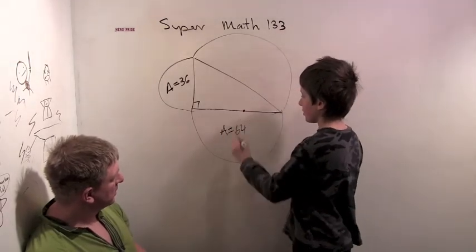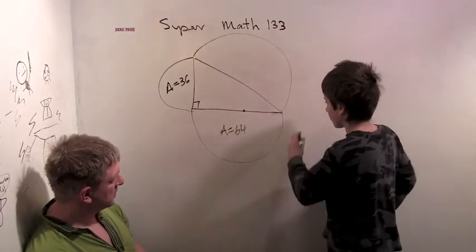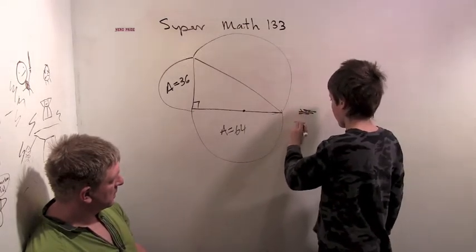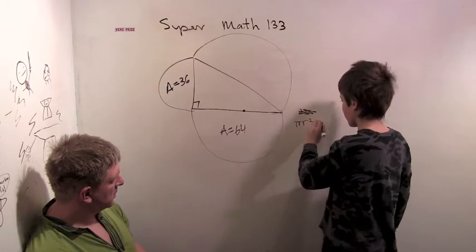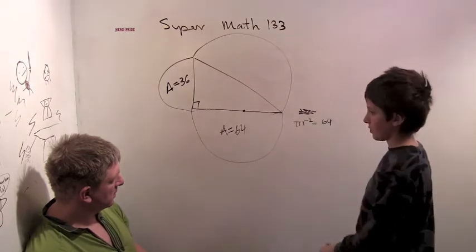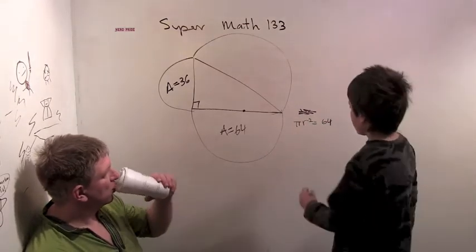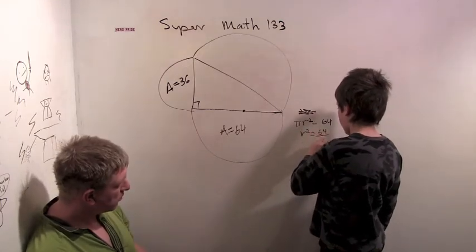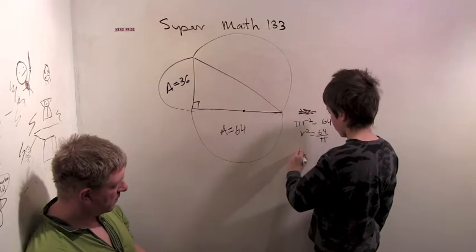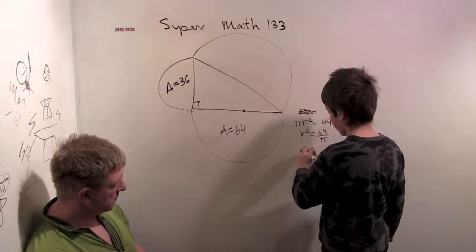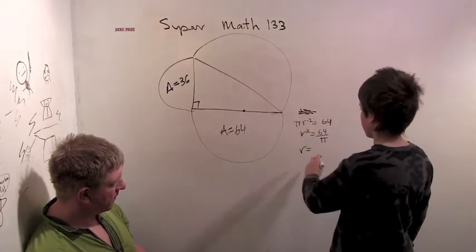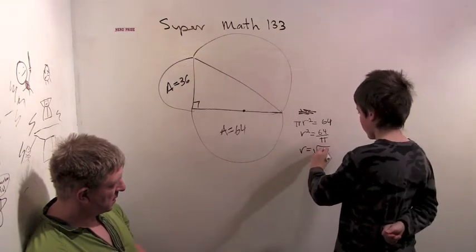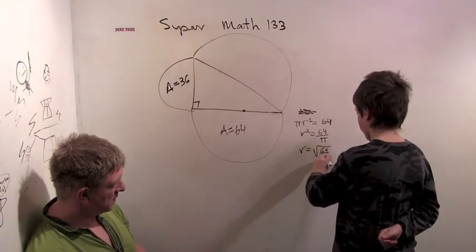Okay, so I'll start with this one. Pi times the radius squared is 64. So r squared is 64 over pi. So the radius is the square root of 64 over pi.